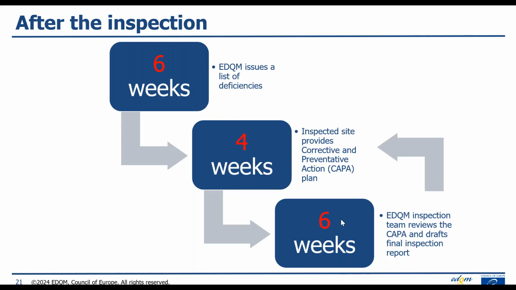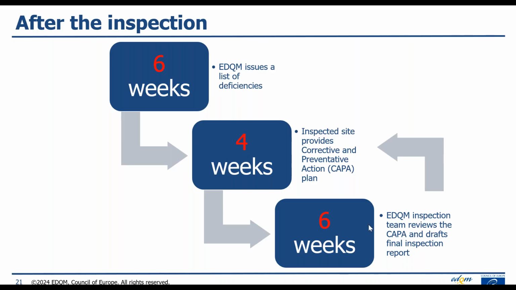However, it's important to note that if the CAPA is not considered acceptable, and if we consider it ultimately doesn't address all of the relevant findings of the inspection, we would send a letter back to the site outlining our concerns and where the improvements to the CAPA are needed.